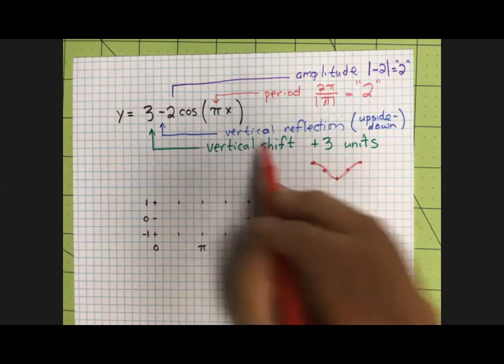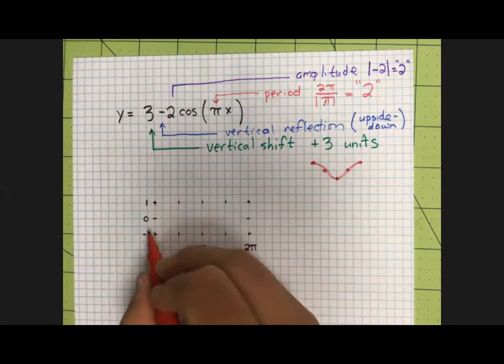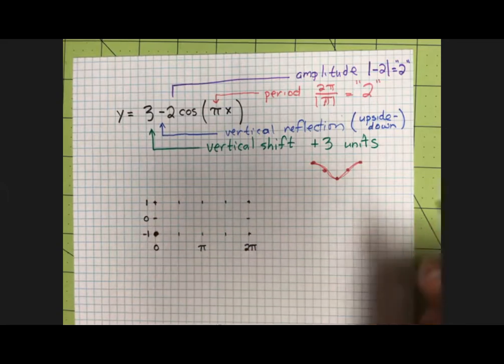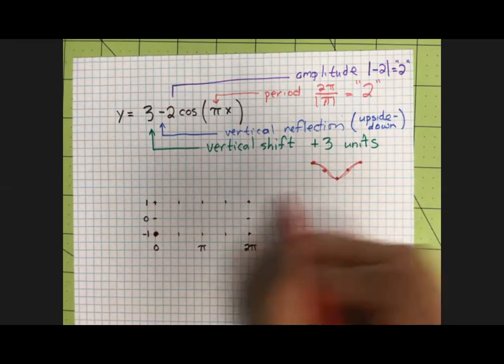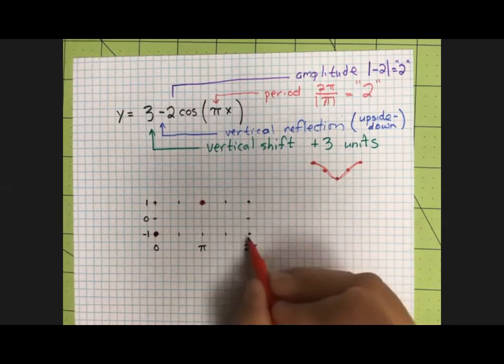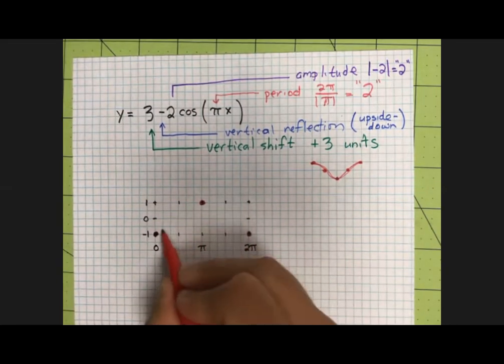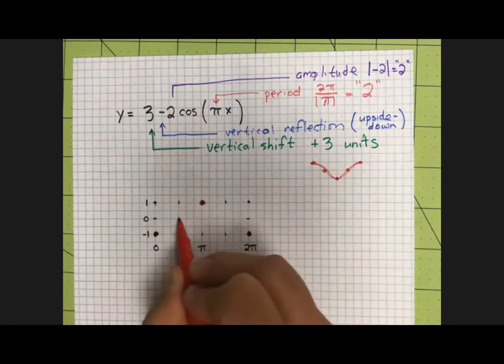But what does the vertical reflection do? Instead of starting in the upper left, now it's going to start in the lower left, excuse me. And then instead of the low point at the middle, it's going to go to the high point. And then it's going to go back to where it started. Now that's an ordinary graph of cosine. In between the high and the low, it's in the middle.